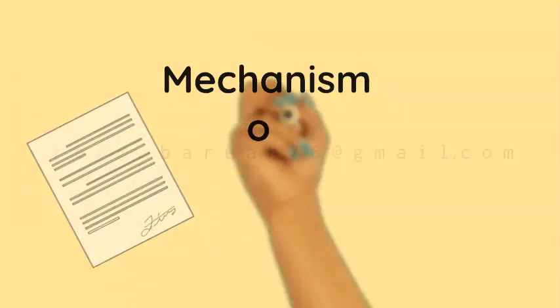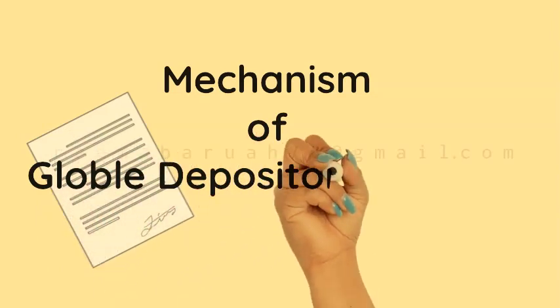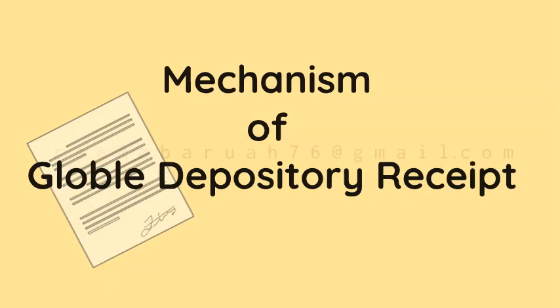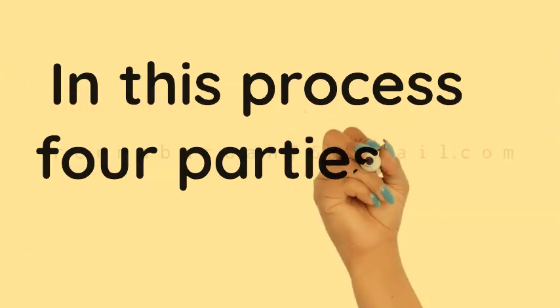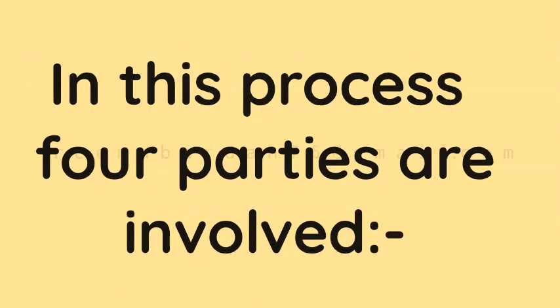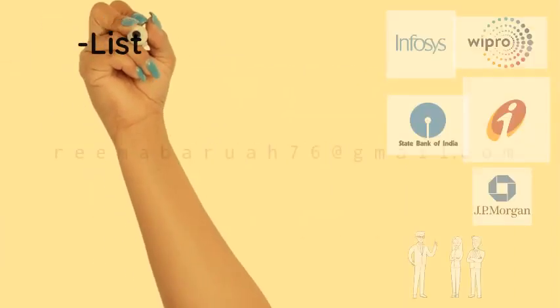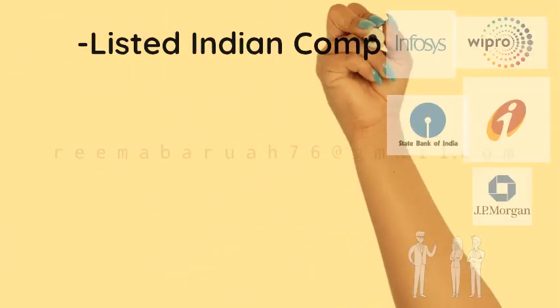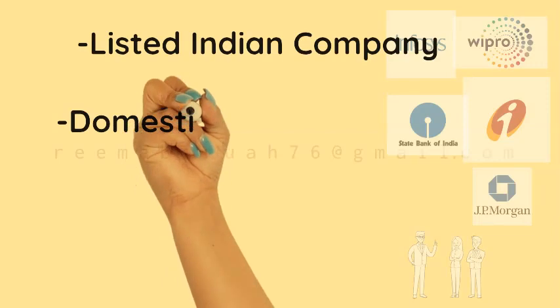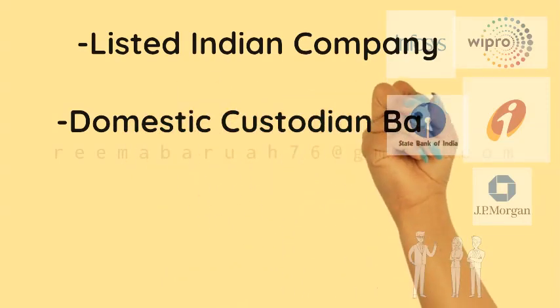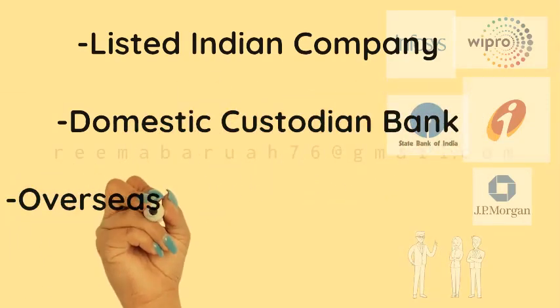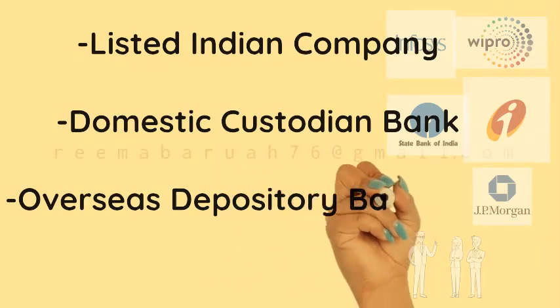Let us now discuss the mechanism of Global Depository Receipt. In this process, 4 parties are involved. First one is listed Indian company. Second one, domestic custodian bank. Third one, overseas depository bank.